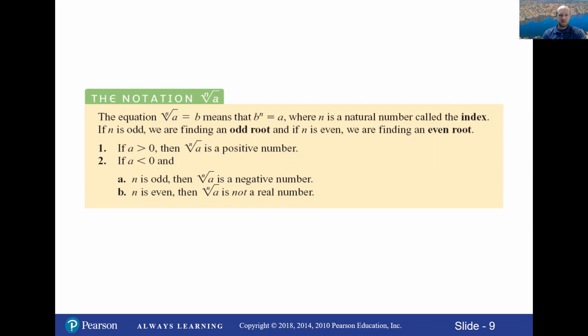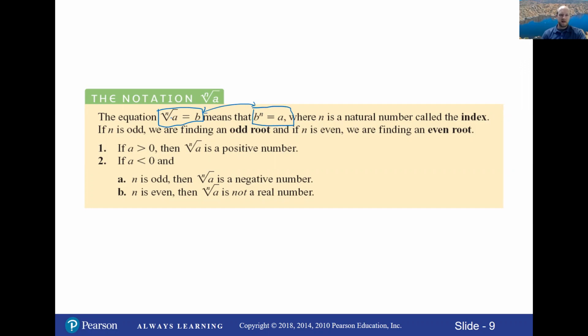If I have the root n of a, that equals b, because b to the n is equal to a. So you can kind of switch back and forth between these. That's the whole point here. So I could take this equation and I could put it into this form if I wanted to. These are interchangeable. That's what I mean.